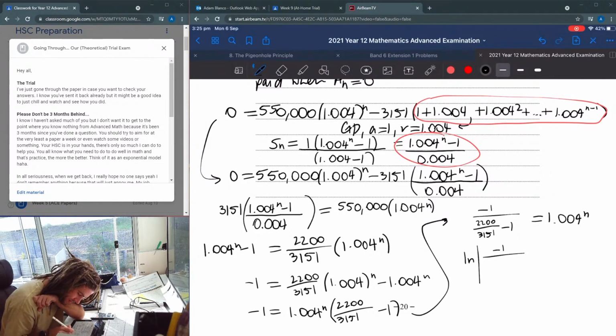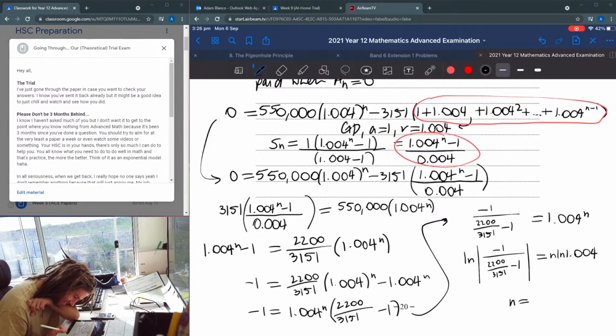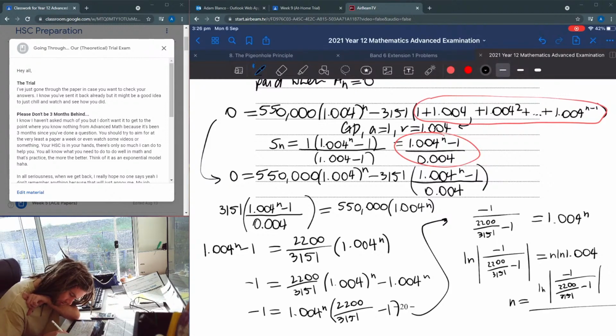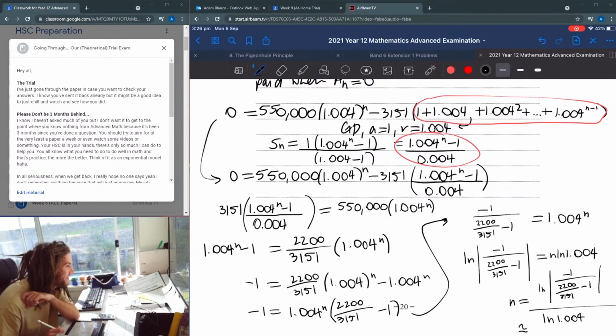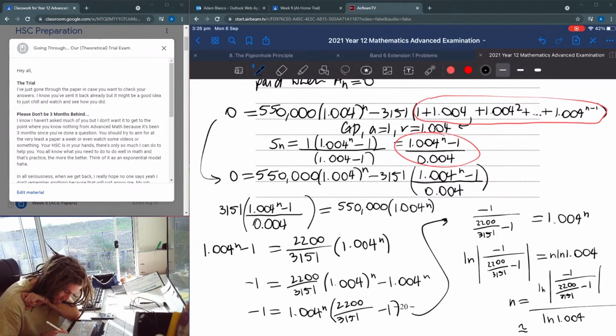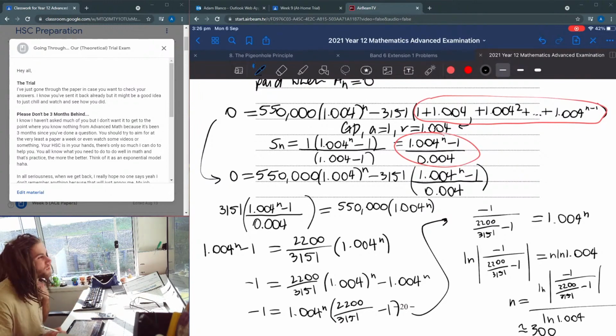All this equals, I'll bring the n out front, say n ln, and then I'll divide by it. So ln minus 1 on 2200 on 3151 minus 1 on ln. Look, the more disgusting the better, yeah? Okay, then you type that into the calculator, and you're getting around 300.